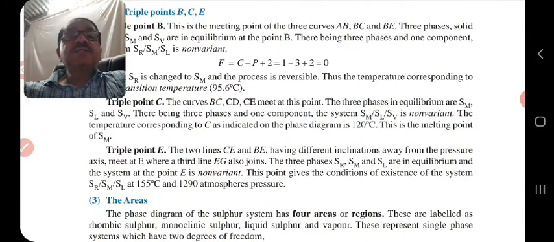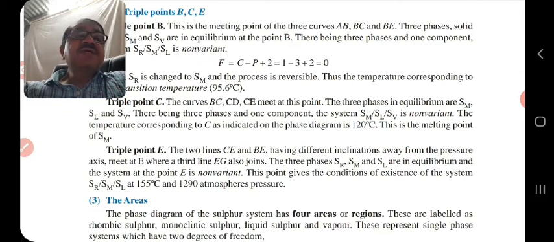Another one is triple point E. At this triple point E, the two lines CE and BE, having different inclinations away from the pressure axis, meet at E, where a third line EG also joins.